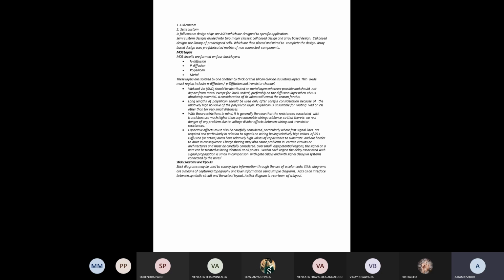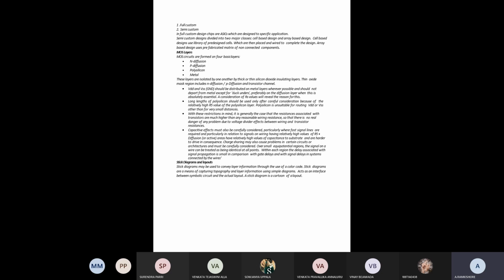That layer information will be shown using some simple diagram. Or in another way, the stick diagram is also an interface between the symbolic circuit and the actual layout. The stick diagram is the reference diagram between the basic materials involved in the design, or also some mediator in between the layout diagram.